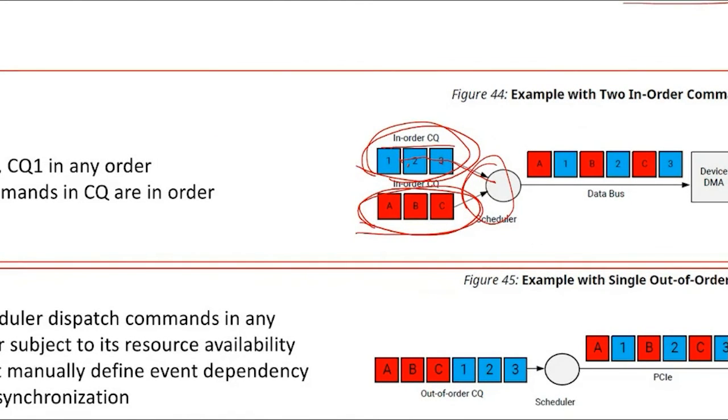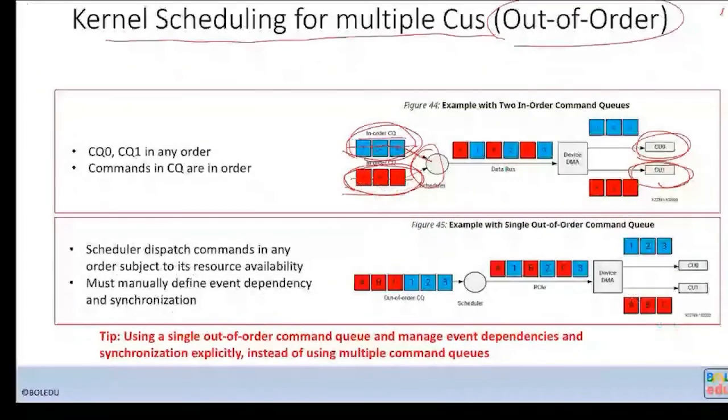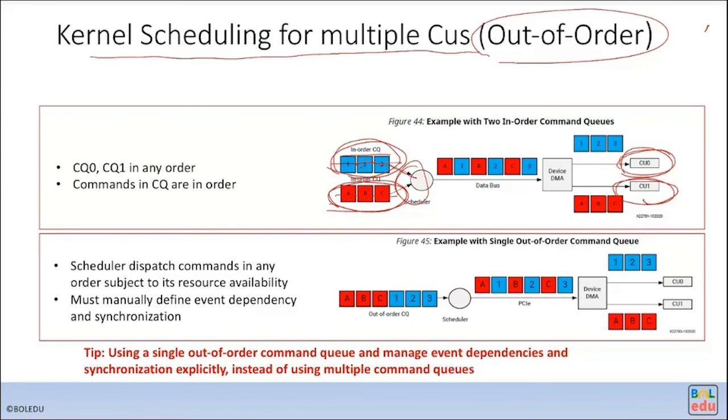However, two independent command queues can execute out of order. That's one option: you create a command queue for each compute unit. Or you can have multiple compute units share one command queue, but that one command queue has to be an out of order command queue. Otherwise, the system will be deadlocked.